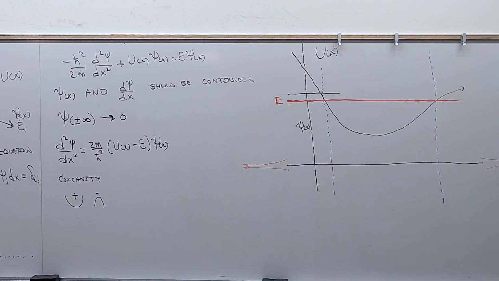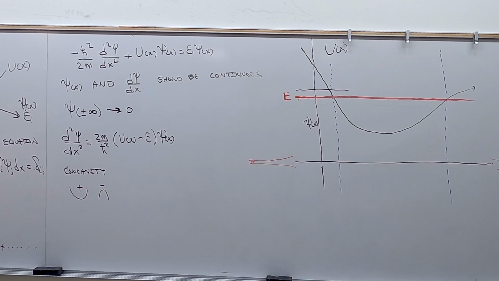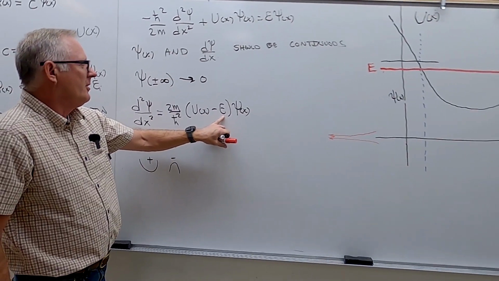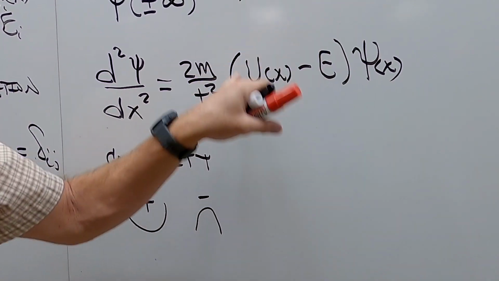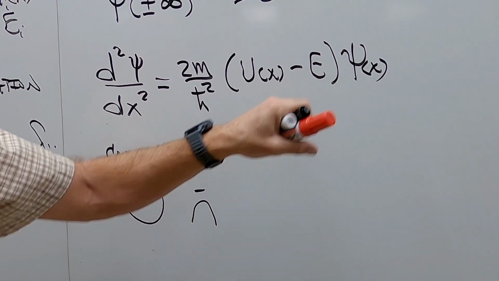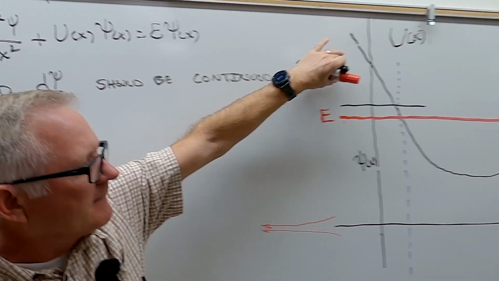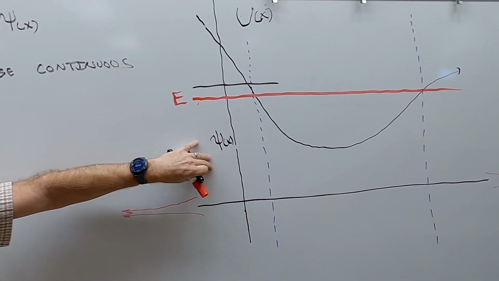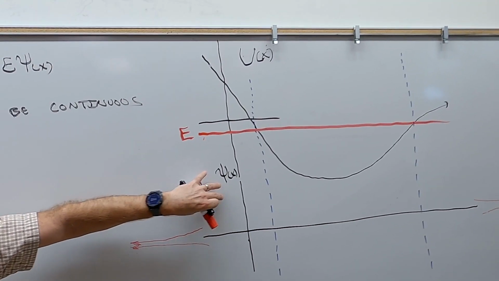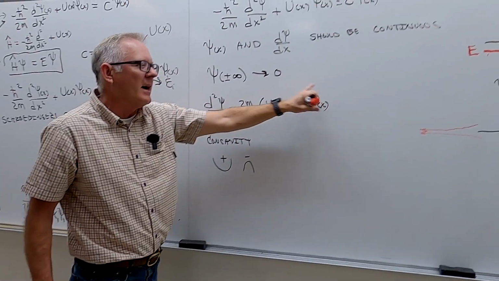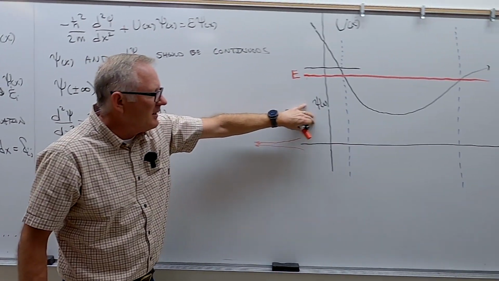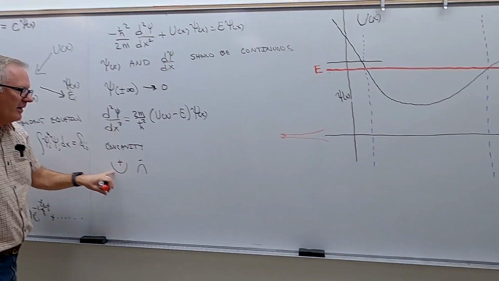It's proportional to U minus E, yeah. If U is bigger than E, then this is a positive number. And if psi is up here, it's positive. If it's down here, it's negative. If psi is up there, then it's also positive. So this is all positive in this region. That means you're concave up.